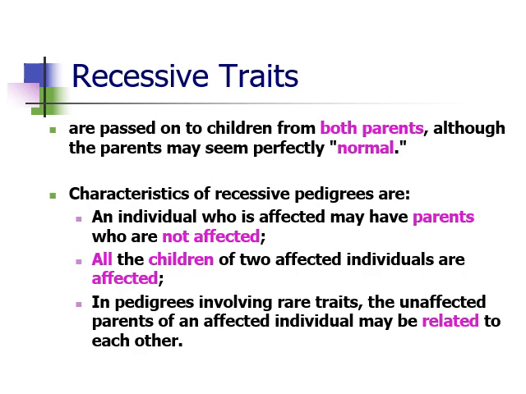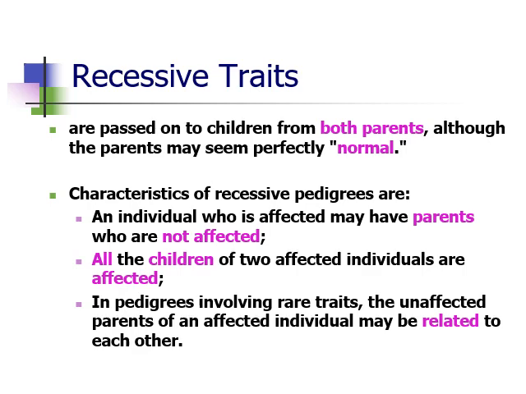So characteristics of recessive pedigrees are as follows. An individual who is affected may have parents who are not affected. All the children of two affected parents are going to be affected. They're going to have the trait if their parents show that trait.